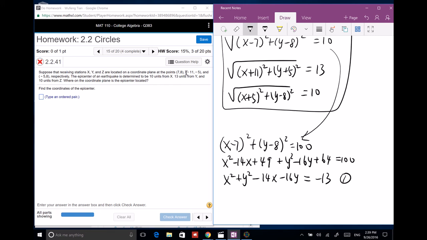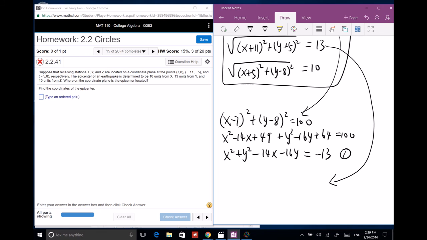The second distance formula: first square both sides, then FOIL. You get x squared plus 22x plus 121 plus y squared plus 10y plus 25 equals 169.